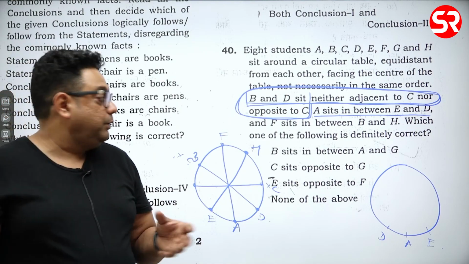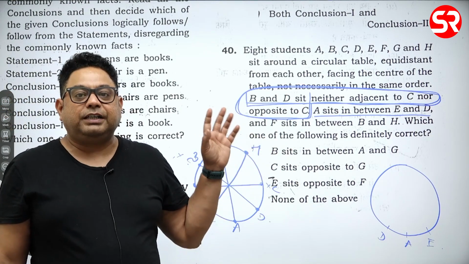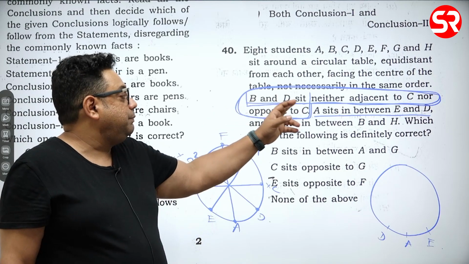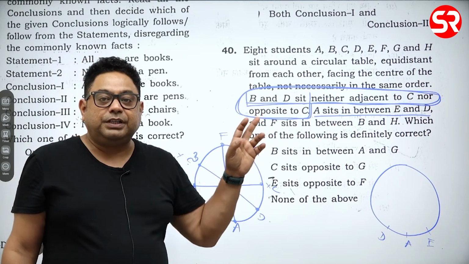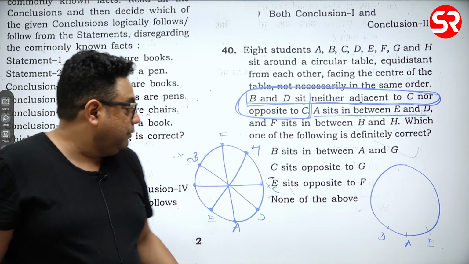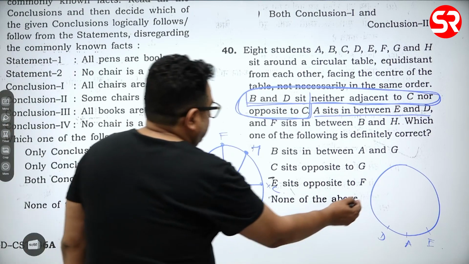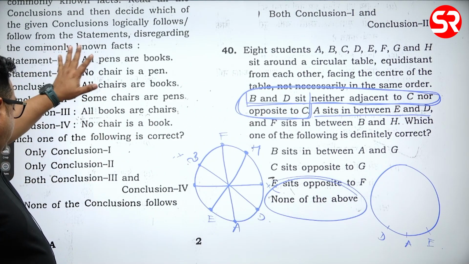I won't be able to adjust it now, because putting up these 6 people is getting tough because of this condition. Had it been in our one condition, we could have actually adjusted it. I won't get anything, so none of above is your answer, guys. Fourth, none of above.